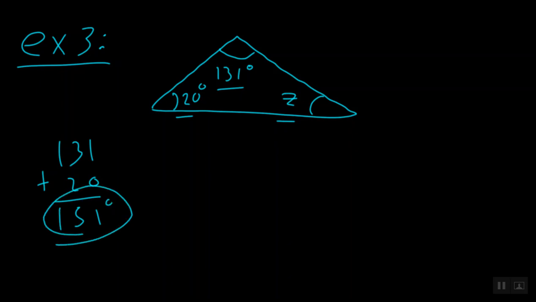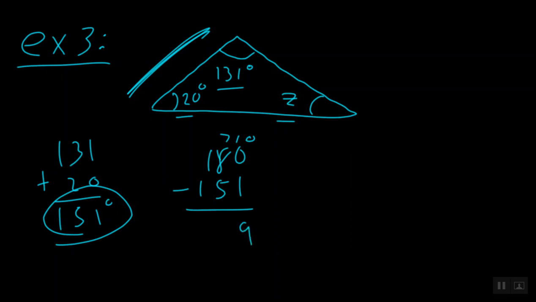And so altogether that is 151 degrees. Well, to find z, I know all three angles of a triangle add up to 180, so I'll do 180 minus 151, which of course, 10 minus 1 gives us 9, 7 minus 5 is 2, and so angle z is equal to 29 degrees.